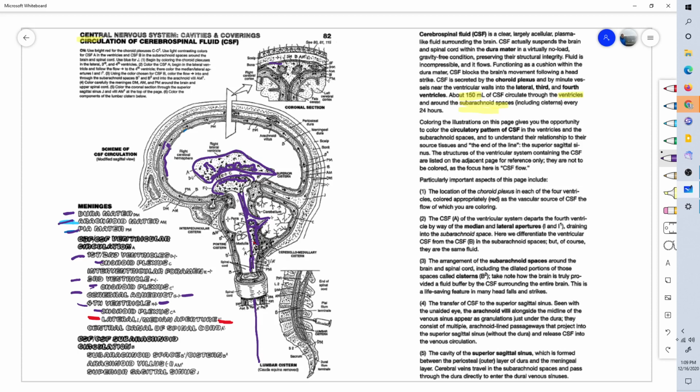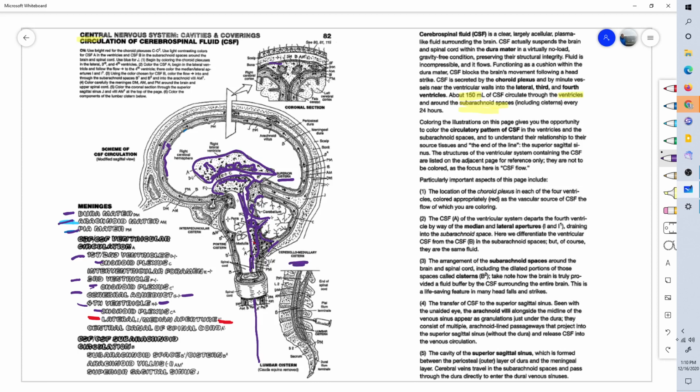Regarding the travel of the CSF into the arachnoid mater from the apertures, these openings, anywhere where there's an opening where it's not a narrow canal, it sort of opens up, is called a cistern. Here's the superior cistern. Here's another opening in the arachnoid mater, called a cistern.